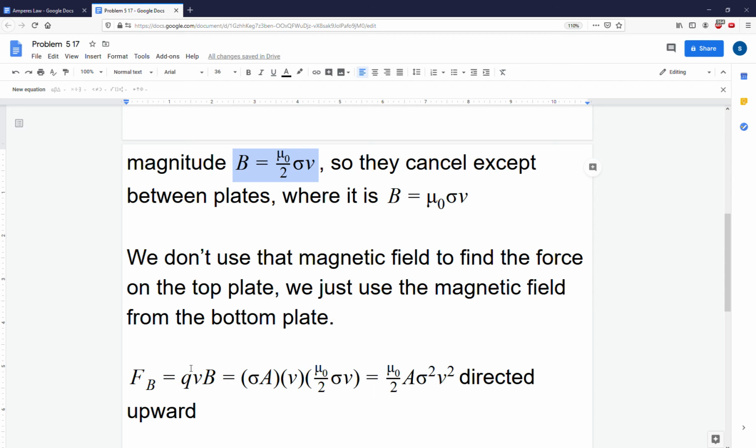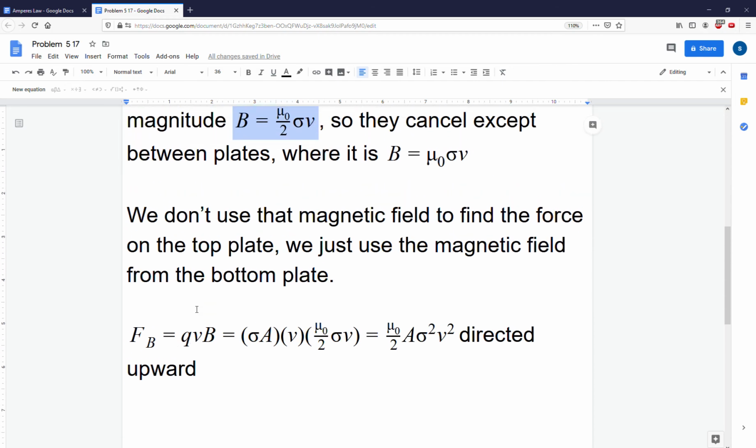Now we can use this formula for magnetic force, QVB. Why don't we use the I version since we're talking about currents? You can do that, but I find this form to be a bit more straightforward. You have to do a little bit of hand waving with currents. FB is equal to QVB.